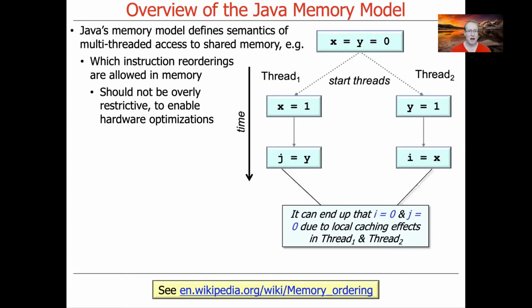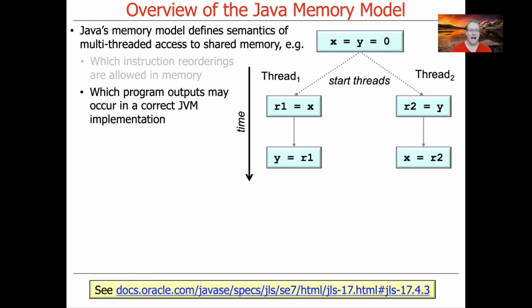And that's because modern multi-core processors often do a lot of caching, and those caches aren't necessarily flushed immediately unless you do something at the programming level to inform the underlying virtual machine or the execution environment that you want those caches to be flushed so that the memory is consistent between the different threads. So it's very important to understand this, and you'll get all kinds of weird problems if you don't understand this.